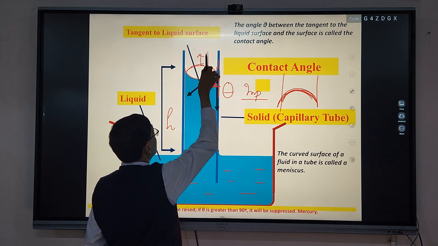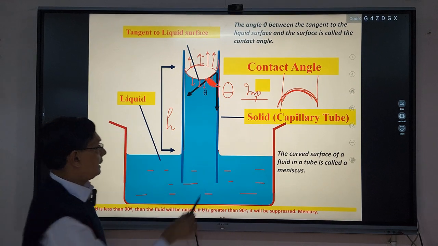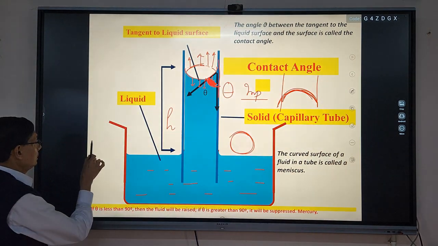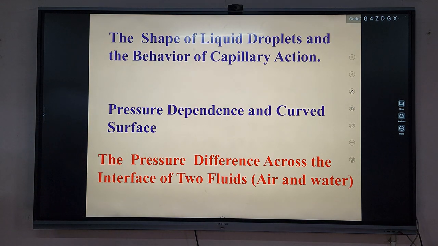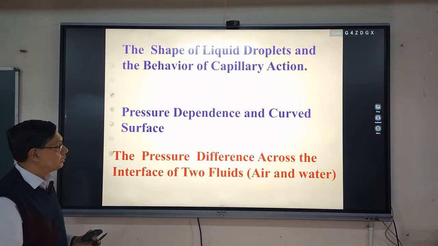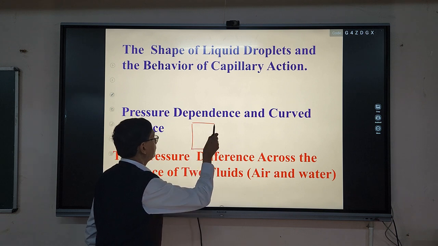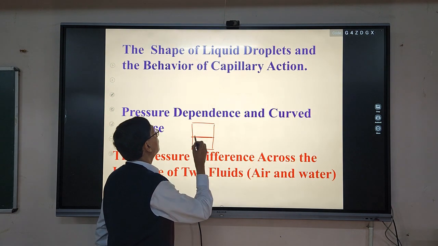So there are two types of pores. If I take a droplet, the shape of the liquid droplets and the behavior of the capillary action depend on pressure and the curved surface, and the pressure difference across the interface of the two liquids.